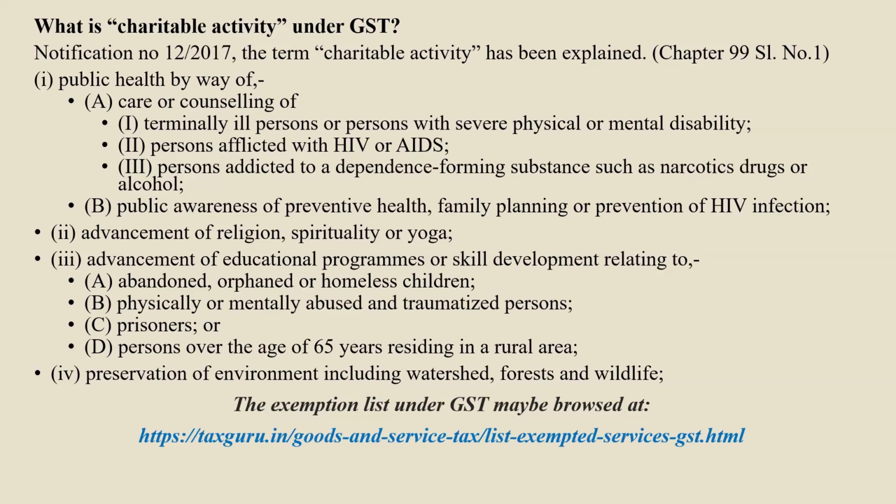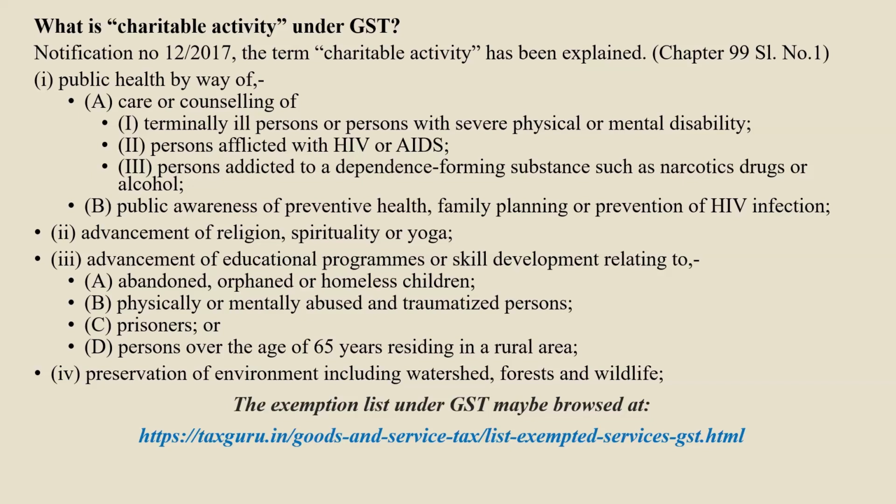The third one is advancement of educational programs, skill development. But then again, these educational programs or skill development programs are very restricted. They are very restricted. Abandoned, orphaned, or homeless children, physically, mentally abused. Third is prisoners.